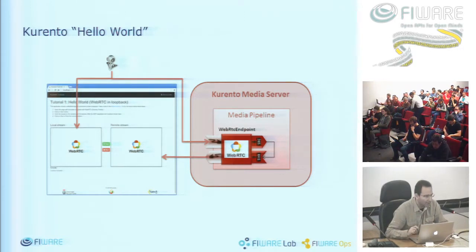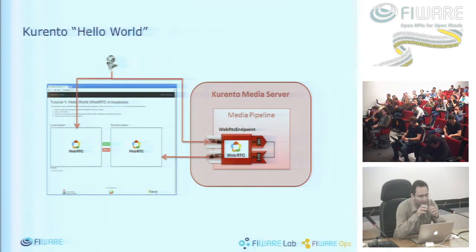We were reviewing this application, and basically, if you remember, we needed to create a very simple pipeline. Allow me to remind you that the pipeline is a chain of multimedia capabilities in the context of Kurento. So we define a pipeline which is going to contain a chain of multimedia capabilities.